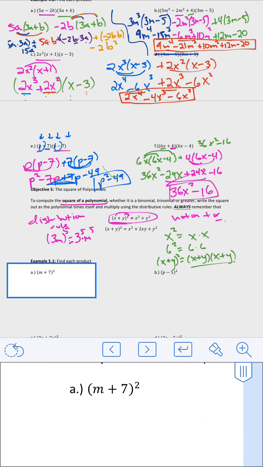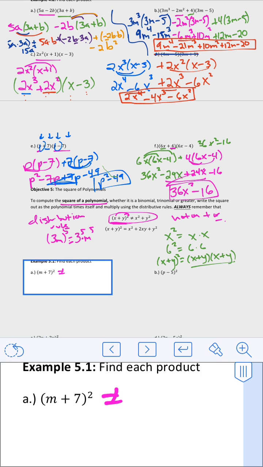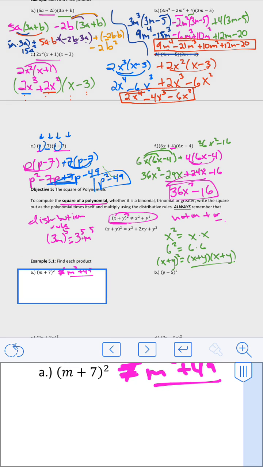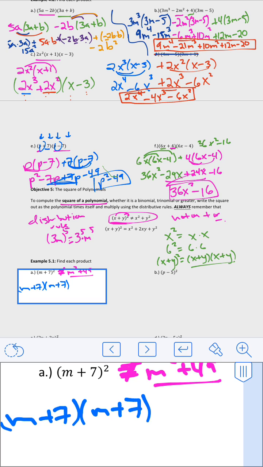All right, so let's give that a try with something down here. M plus 7 squared. I do not want to write m squared plus 49. This does not equal m squared plus 49. You cannot just distribute it in. Instead, I'm going to rewrite this as m plus 7 times m plus 7. M plus 7 times itself.